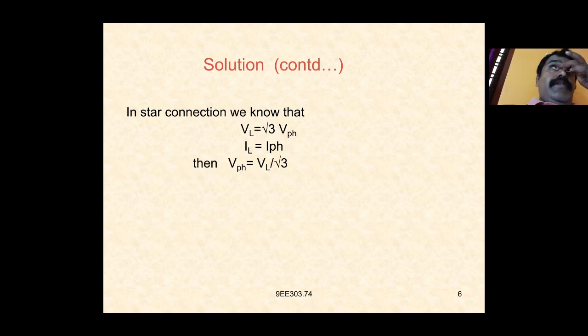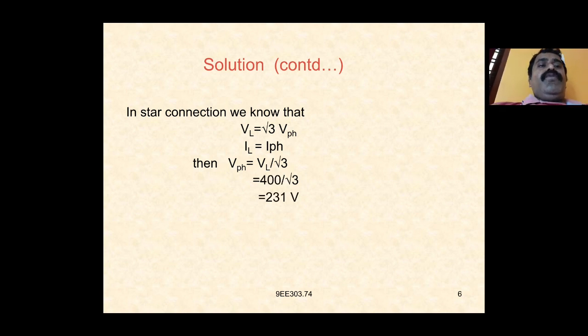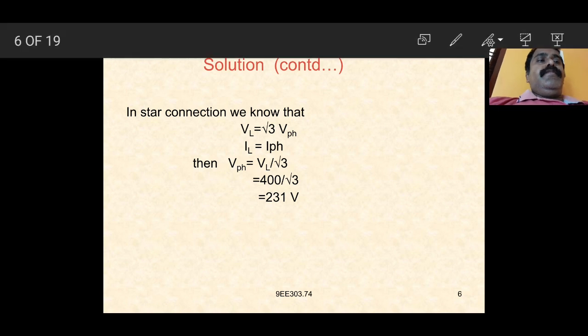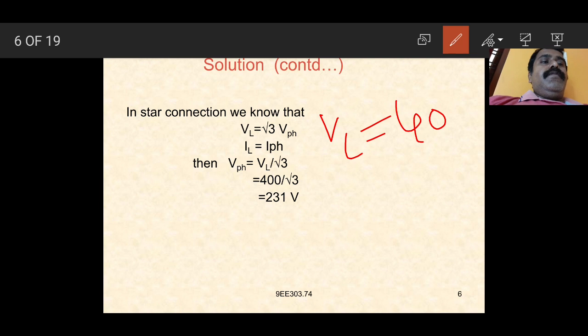So V phase is equal to VL by root 3; substituting 400, we get V phase as 231 volts.